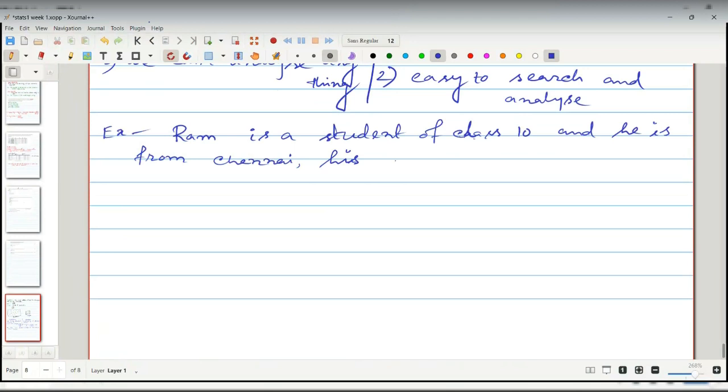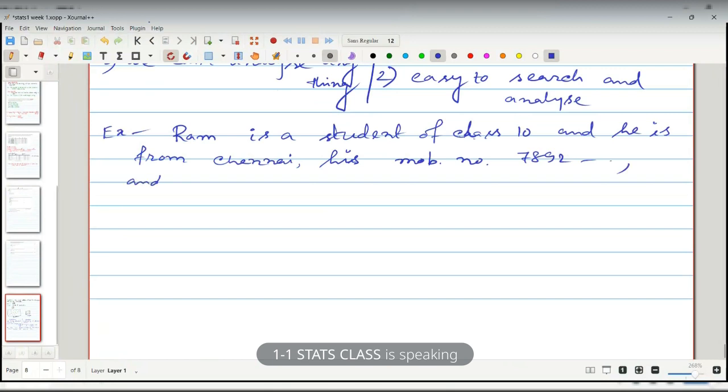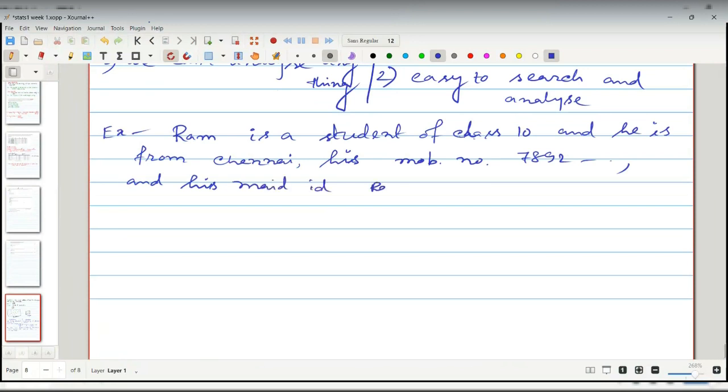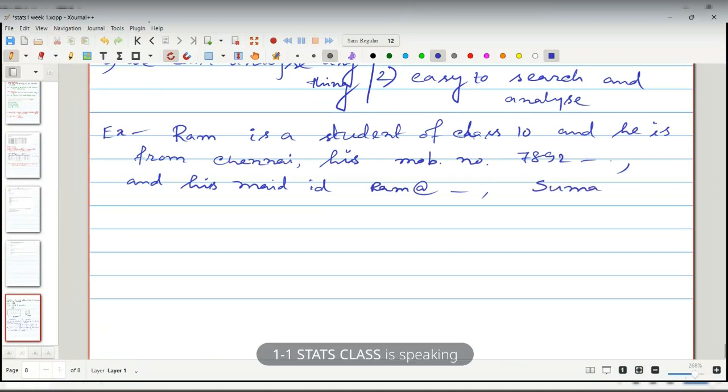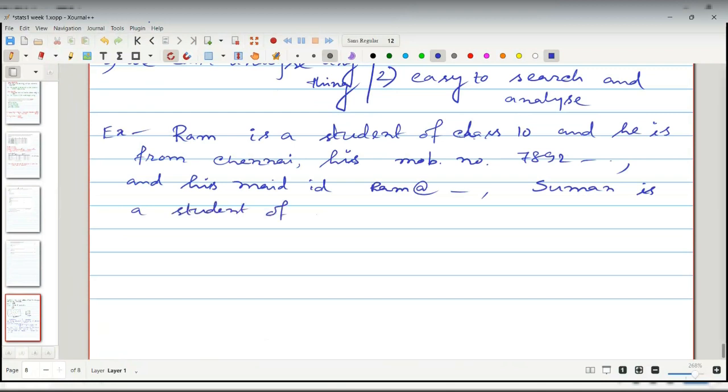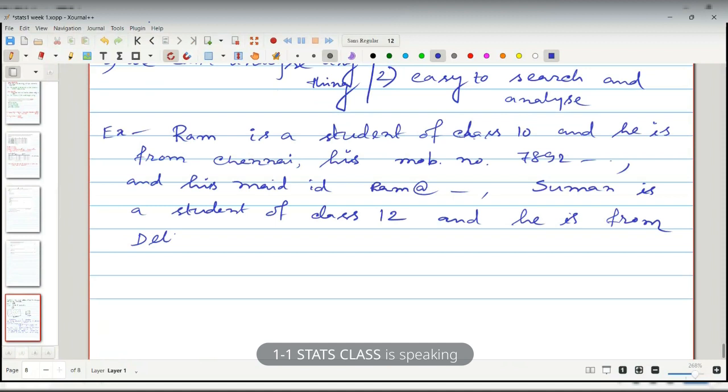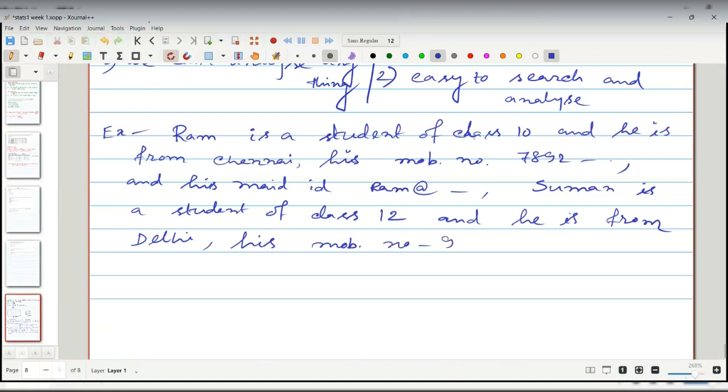His mobile number is 79 something and his mail ID Ram @. And Suman is a student of class 12. He is from Delhi. His mobile number this and mail ID.